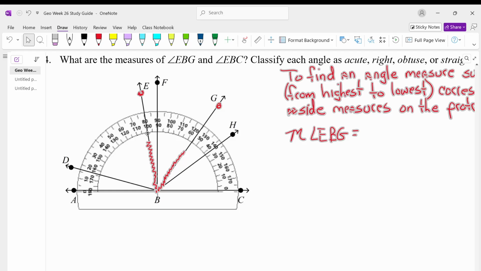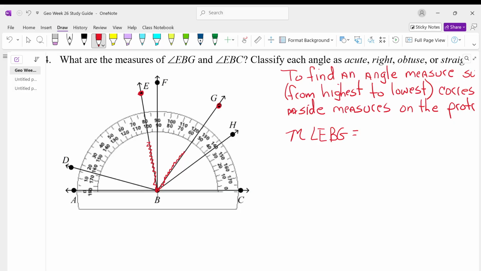Do you see the two places it touches the protractor? The two measures? One of them's 80 and the other one's 100, right? Okay. And do you see side GB and where it hits the protractor? You see how it hits it at a 125 and a 55?